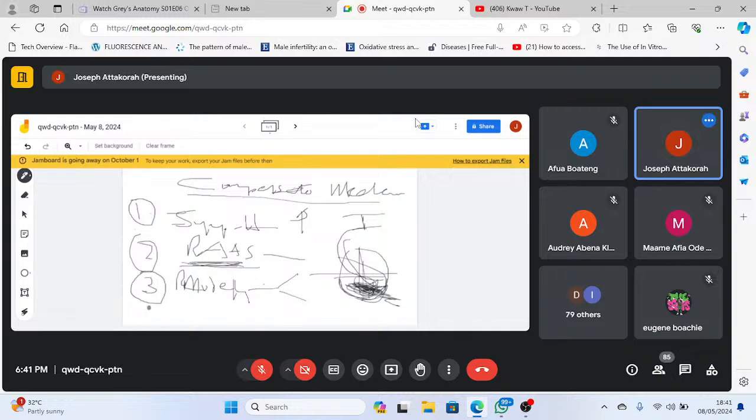What again? Hurry up. The peptides, release of the peptides. We have other peptides, but basically we have the atrial natriuretic peptides, and we have brain natriuretic peptides.